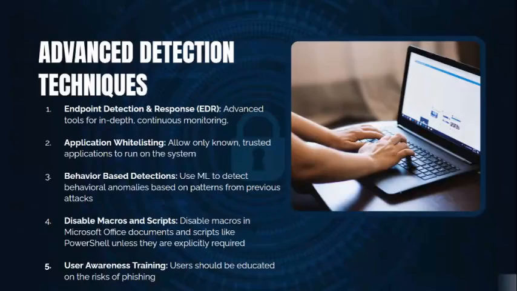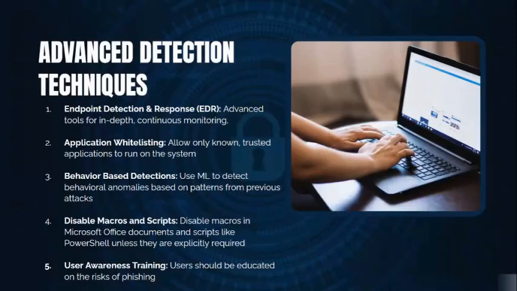Now, another tool: endpoint detection and response tools are designed for in-depth continuous monitoring of endpoint activity to detect and respond to threats like fileless malware. These tools work by tracking system behavior in real time, analyzing processes, network activity, and fileless script execution.